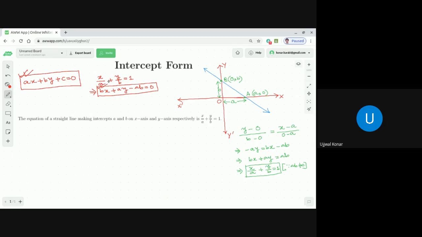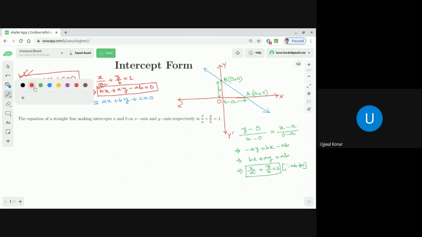It is just an analogy to show it is in that form. So if we compare with ax plus by plus c equal to 0, c becomes minus ab, b becomes a, and a becomes b. I just wanted to show you how it looks.